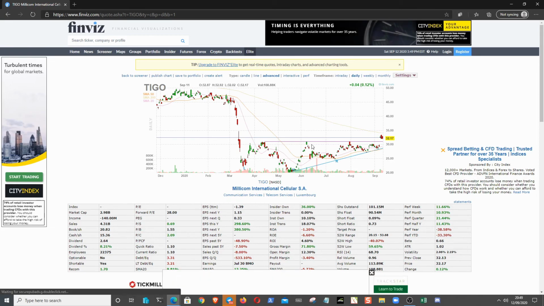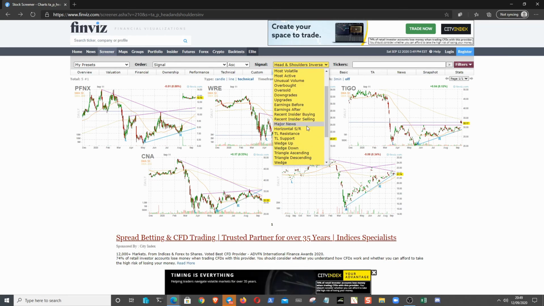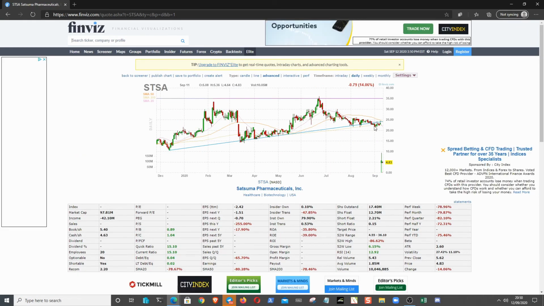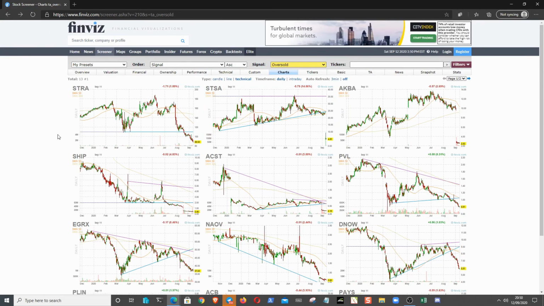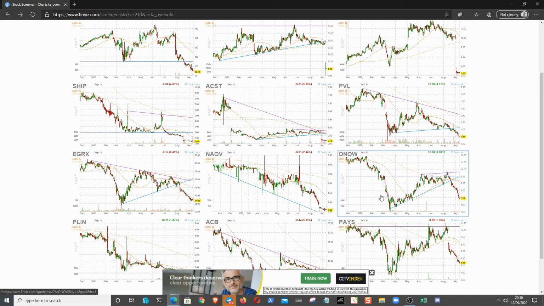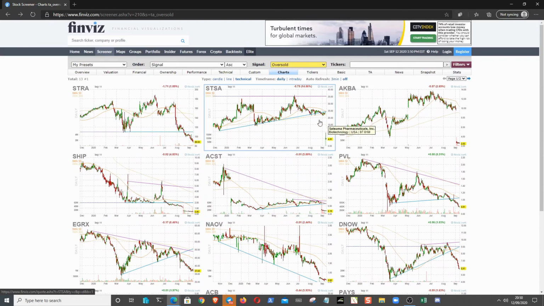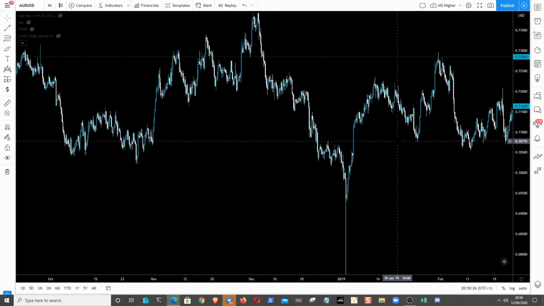Support and resistance. But yeah, we'll go through putting it all together. Oversold. So looking at stocks that were oversold. This is all stocks, but I just wanted you to get an understanding of the patterns. That's all I wanted you to get an understanding of. So your homework is to go onto Finviz and go over these, and then go onto your charts and start backtesting on your charts as well.